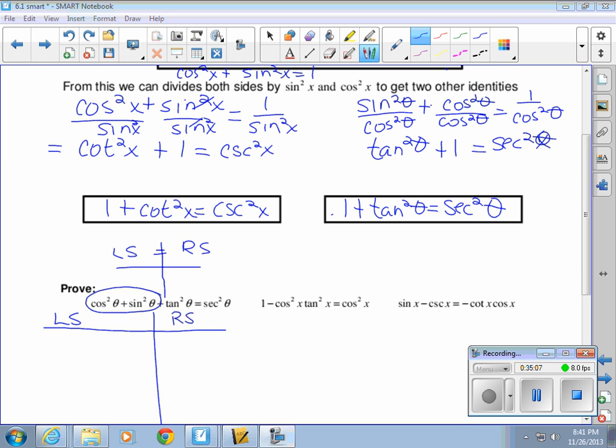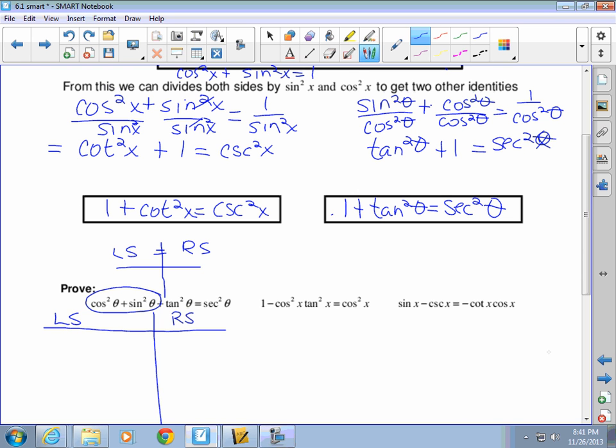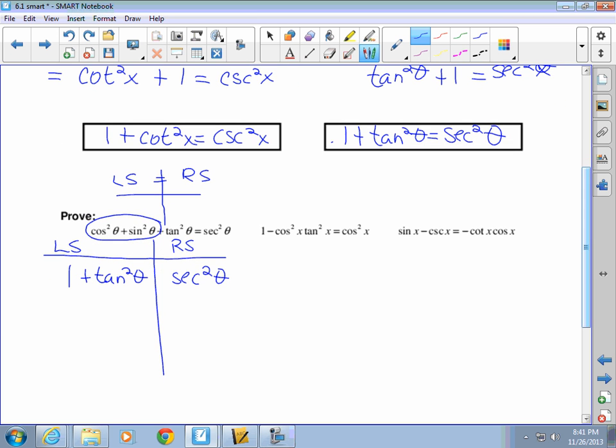I thought I'd made a mistake in writing something down here, but it's right the way it is. So cosine squared theta plus sine squared theta, from that Pythagorean identity we know is the same as saying 1. So that is the same as saying 1 plus tangent squared theta, and on the right side of the equation we have that secant squared theta. Well, according to our manipulated Pythagorean identity, 1 plus tangent squared theta is the equivalent of secant squared theta, which means my left side is equal to my right side.